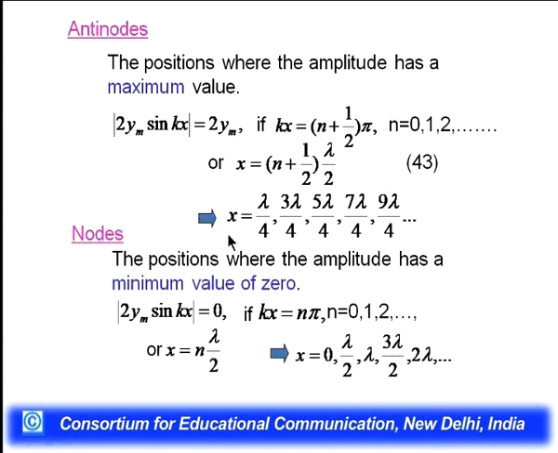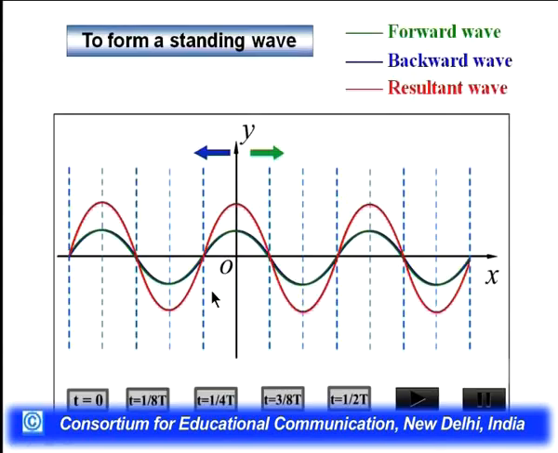At x equal to lambda by 4, 3 lambda by 4, 5 lambda by 4 and so on, we get the antinodes. At x equal to 0, lambda by 2, lambda, 3 lambda by 2, 2 lambda and so on, we get the nodes, where the amplitude is minimum, because the maximum value of the amplitude is 2ym and the minimum value is 0.